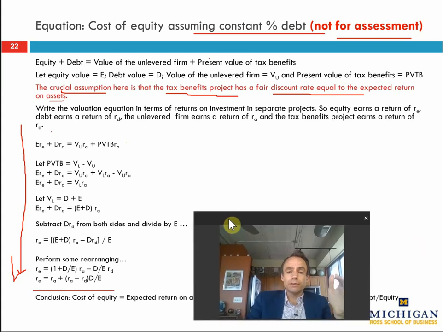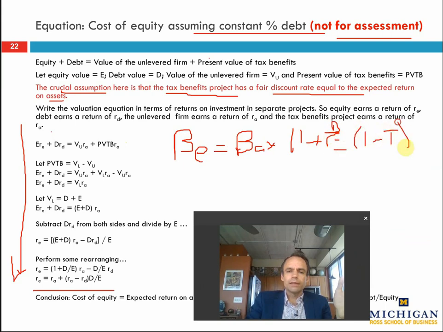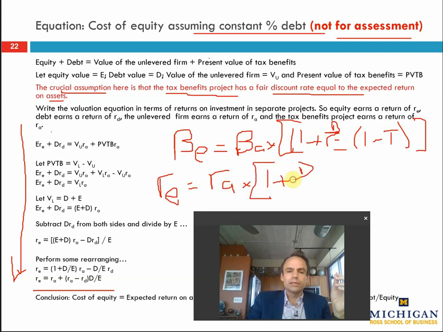Finally, for you prospective investment bankers out there, going back to our equation for equity beta, if you assume this, equity beta equals asset beta times 1 plus debt to equity times 1 minus corporate tax rate, that equation corresponds to an equation that says the cost of equity is equal to the expected return on assets times 1 plus debt to equity times 1 minus tax rate.